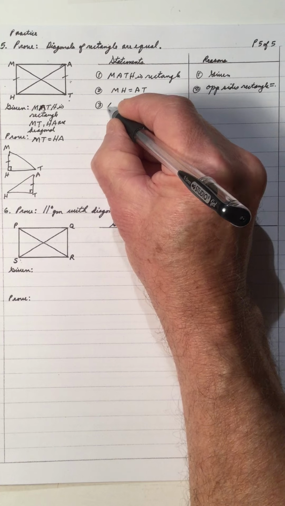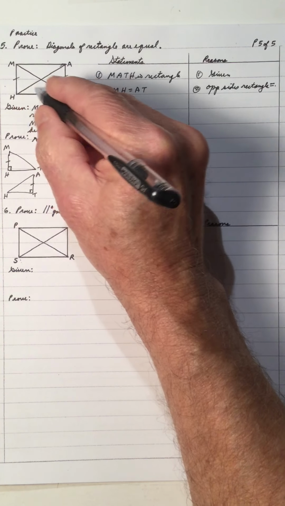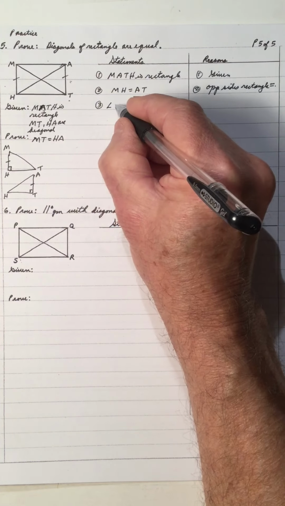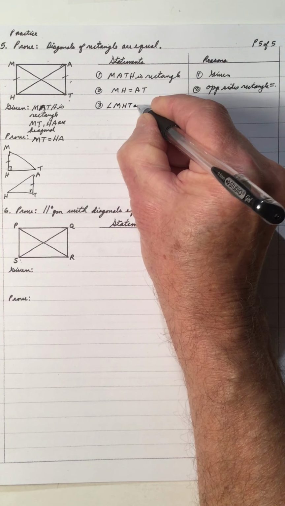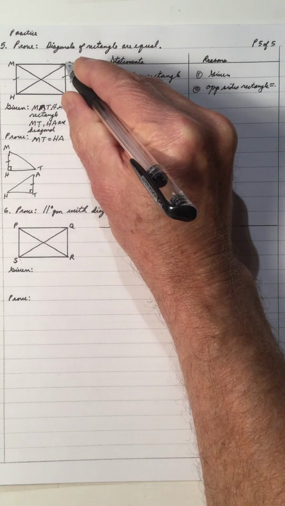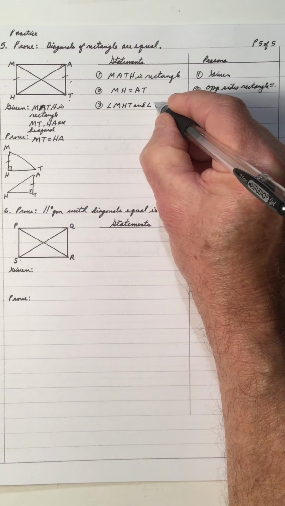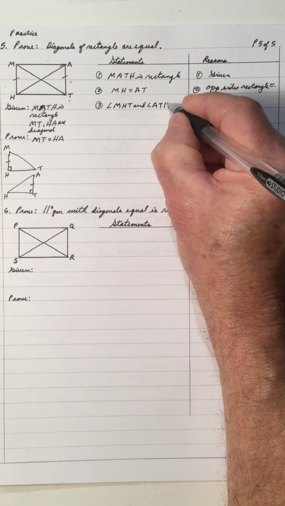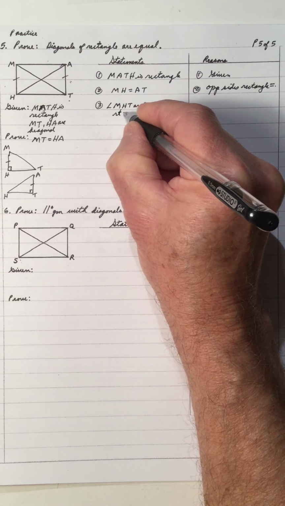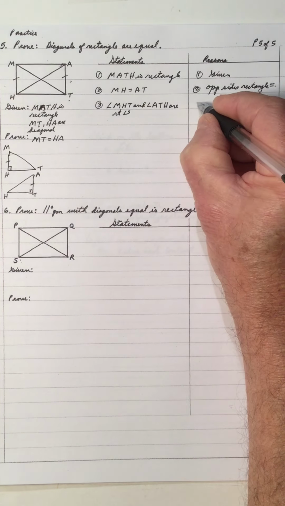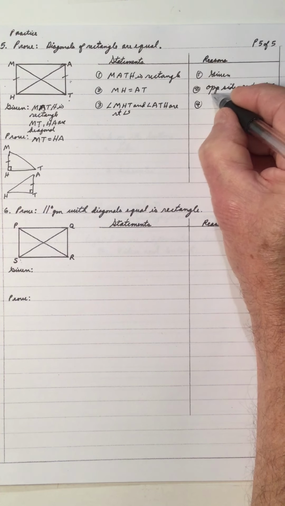So angle, and I have to use 3 letters because of this diagram, that's angle MHT and angle ATH. They're right angles. That's because you got a rectangle.